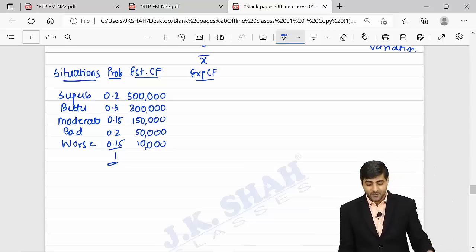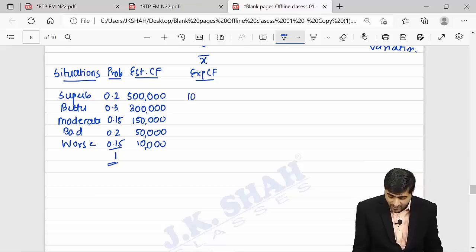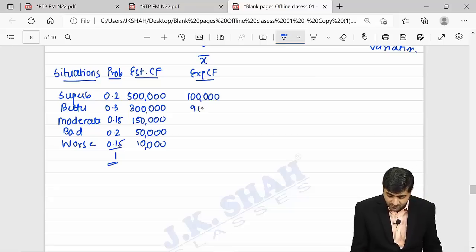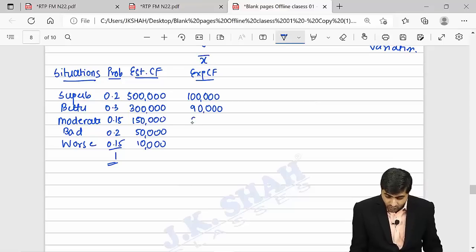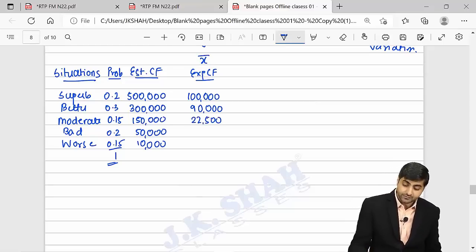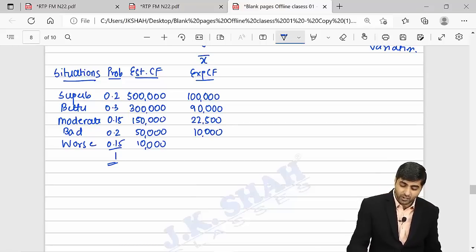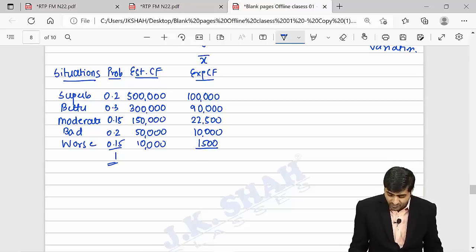So guys, what will be your expected cash flows? Of course, we'll multiply all these. So 5 lakhs into 0.2 will give you 1 lakh. 3 lakh into 0.3 will give you 90,000. 1,50,000 into 0.15 will give you 22,500. 50,000 into 0.2 will give you 10,000, and 10,000 into 0.15 will give you 1,500, and the total of this will be 2,24,000.